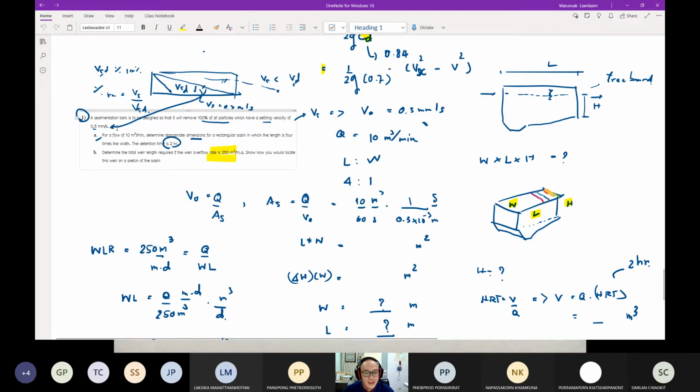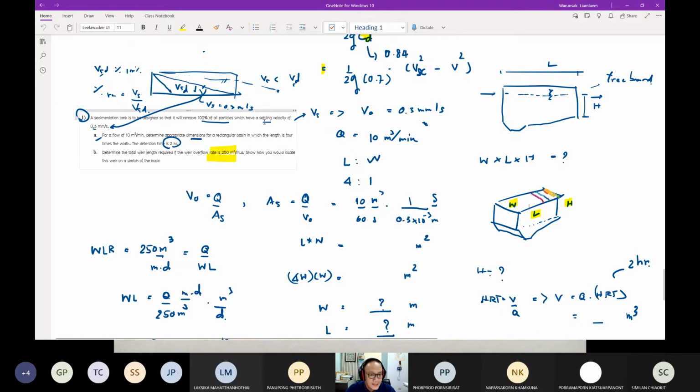So basically, this is the VS, but theoretically, for the optimum design, this VS must be equal to the overflow rate. The design criterion is the overflow rate, not the settling velocity. But according to the optimum design, the settling velocity should be equal to the overflow velocity.